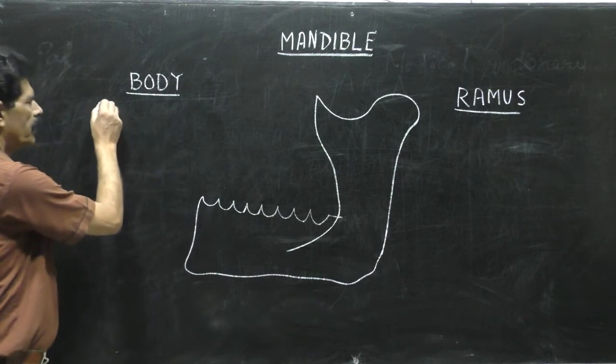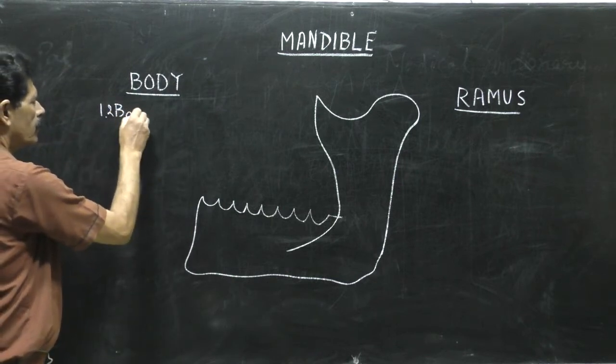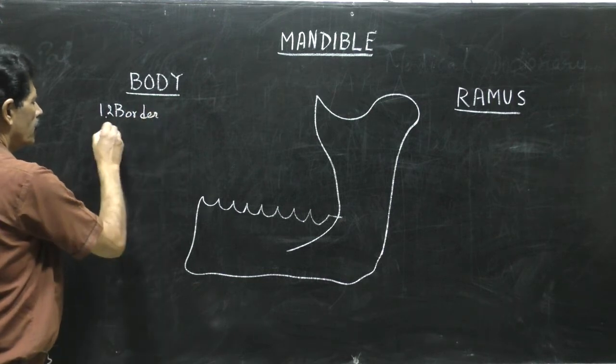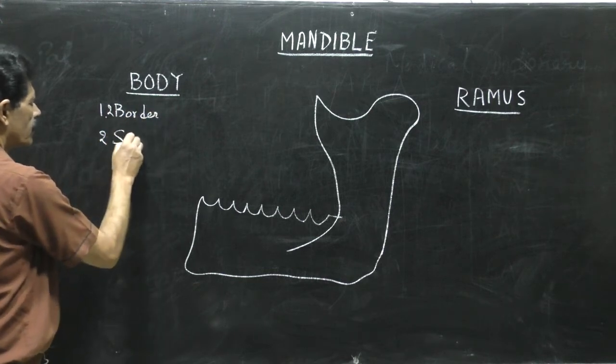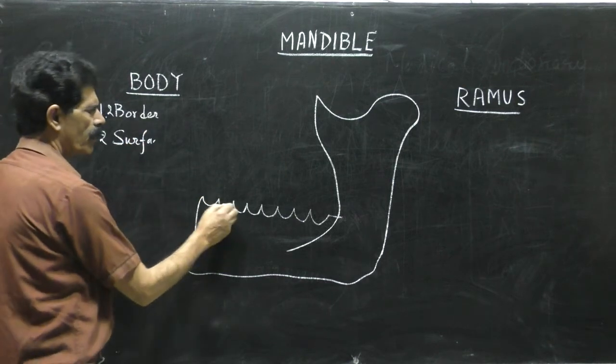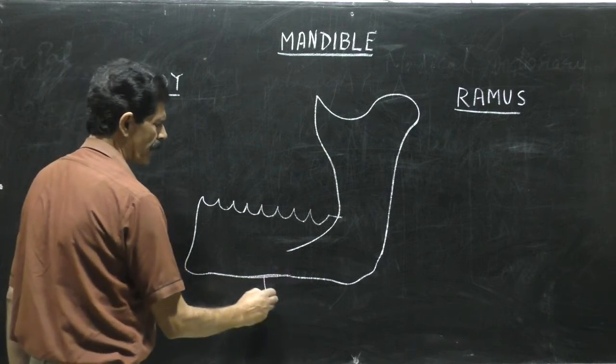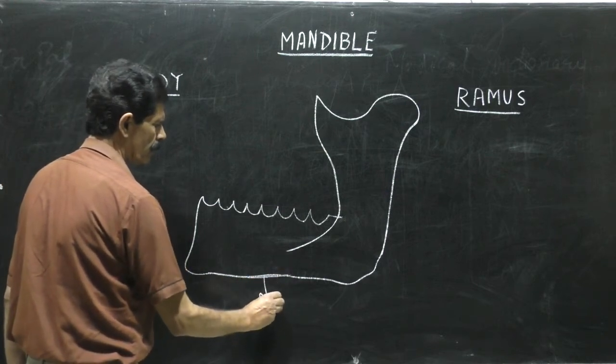The body has two borders and two surfaces. The borders are the superior border and the inferior border. This is the inferior border, also called the base of the mandible.